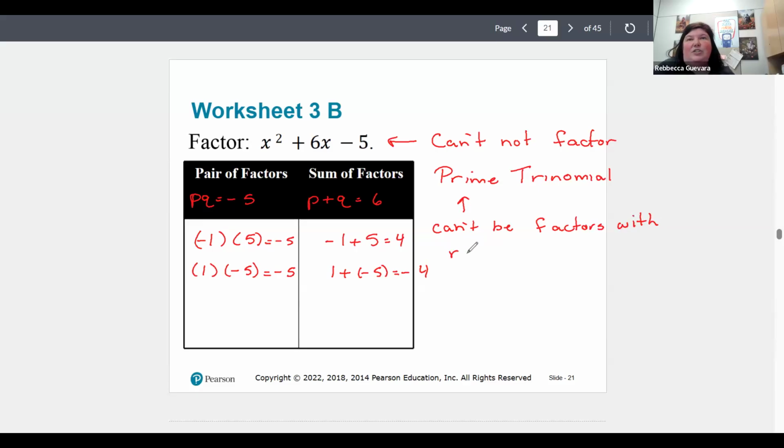with rational constants and coefficients. No, it can be factored with other things. That's just not anything that we have currently.